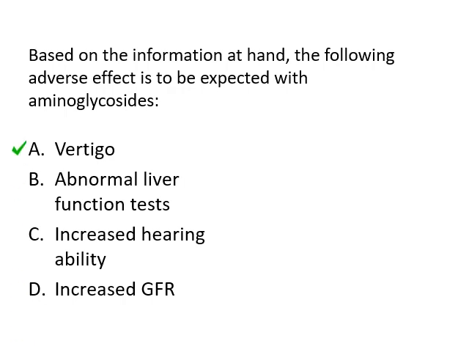Let's see. Yep, vertigo. Abnormal liver function test. I didn't say anything about the liver. Increased hearing ability. No, if anything, it's going to be decreased hearing ability. Increased GFR. No, if anything, it's going to be decreased GFR. So yeah, those drugs are associated with vertigo.